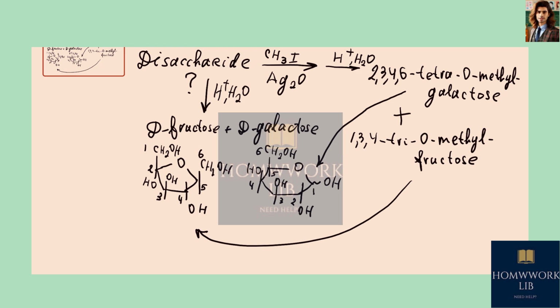And we'll substitute hydrogens at those carbons with methyl groups. So let's erase, on galactose, the 2, 3, 4, 6 hydrogens. And on fructose, 1, 3, and 4. And replace them with methyl groups.